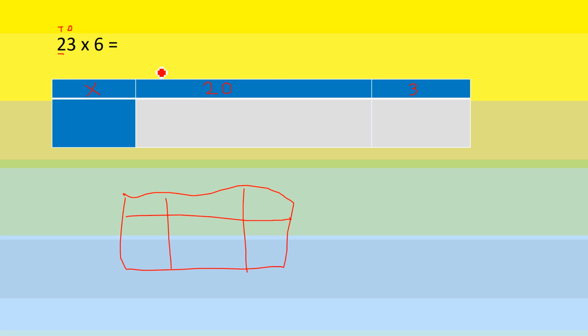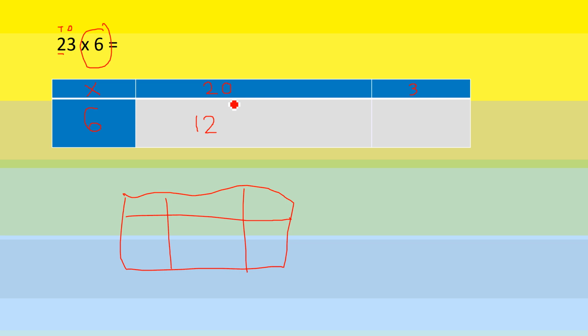We are then multiplying both the numbers here by 6, so I'm going to put 6 in here. We are now going to multiply these numbers together. Remember the wizard's hat first of all: when we're multiplying 20 by 6, we're multiplying a multiple of 10 by a number. So I'm going to do 6 times 2, which I know is 12.